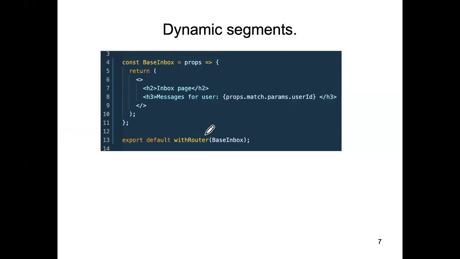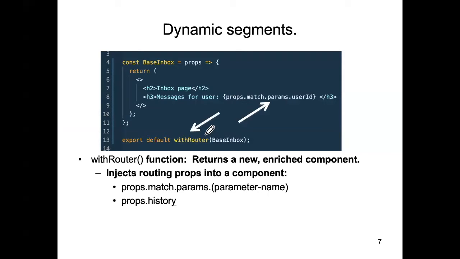So this withRouter function, it is a function, but it's a special type of function. It's what we call a higher order function. And a higher order function, it's kind of a React thing, really. A higher order component. A higher order component is a function that takes a component and returns an enhanced version of that component.